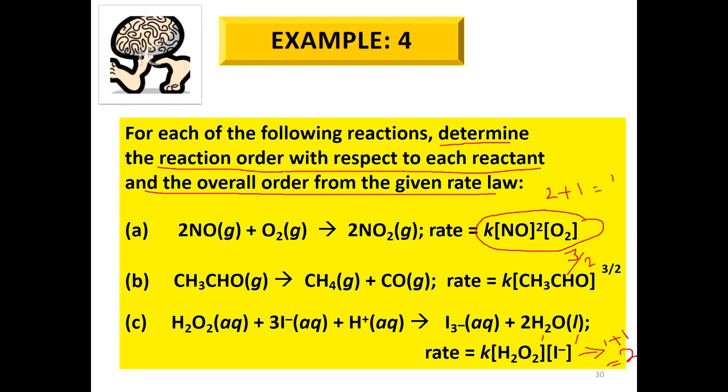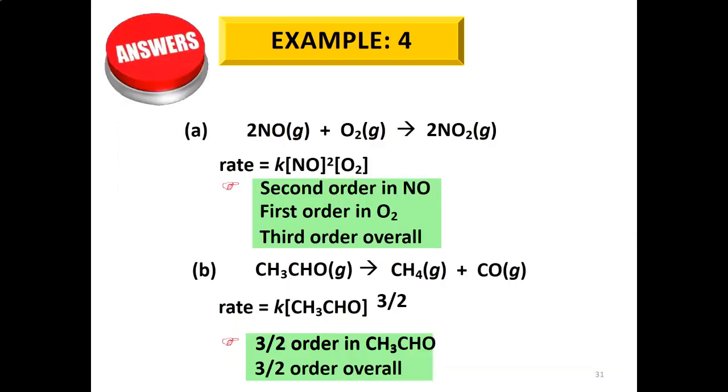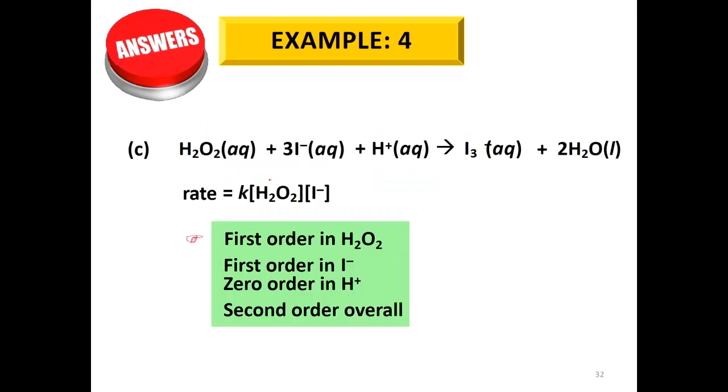This one is 3, sorry. Second order in nitrogen oxide, first order in oxygen, so overall is third order. This one is 3 over 2 order in CH3CHO, so the overall order is 3 over 2. This one is first order in H2O2, first order in I negative, zero order in H plus, so overall is second order.